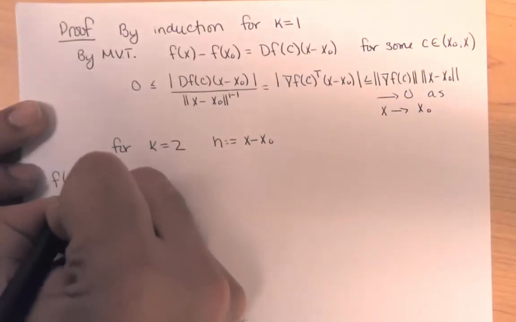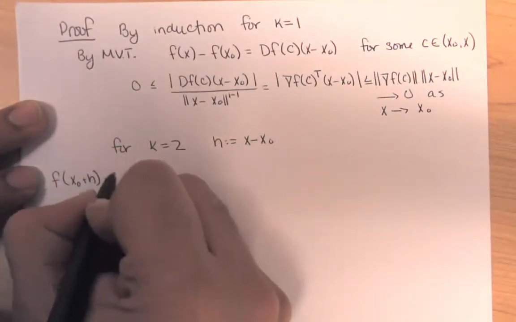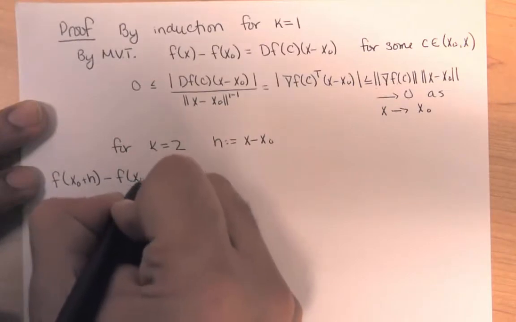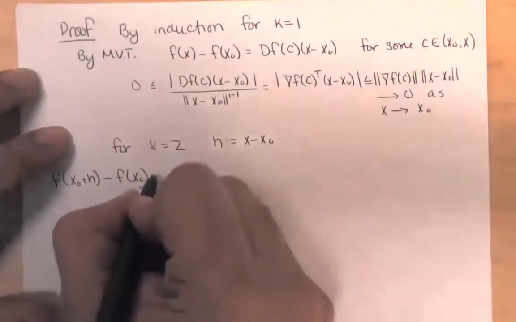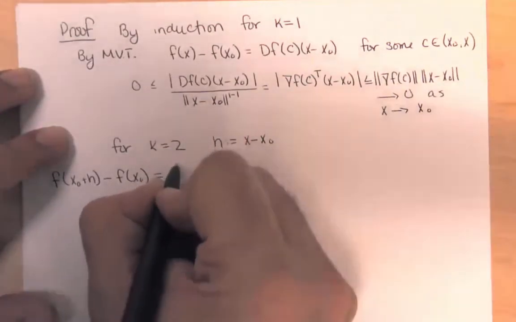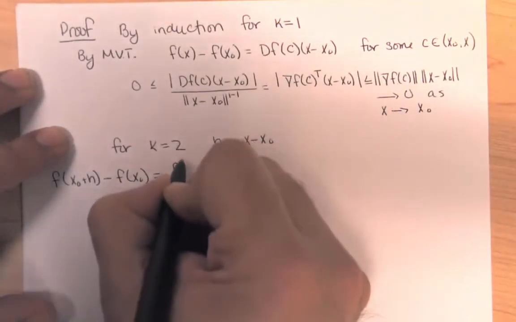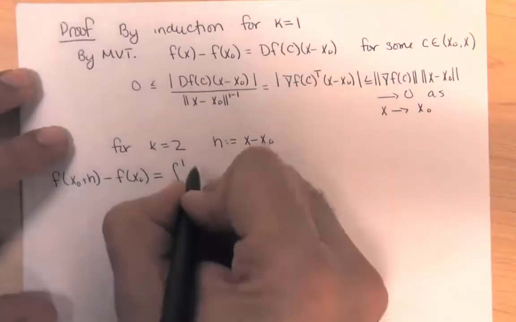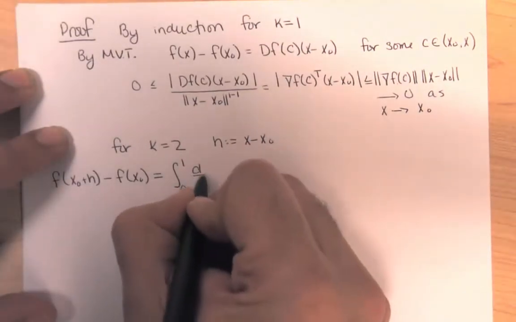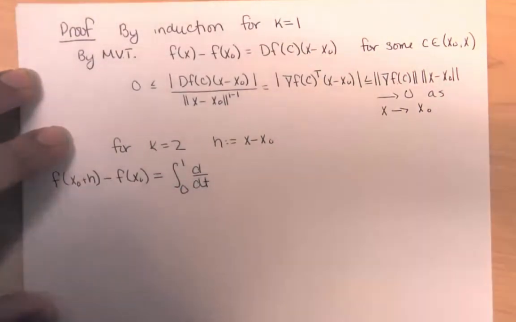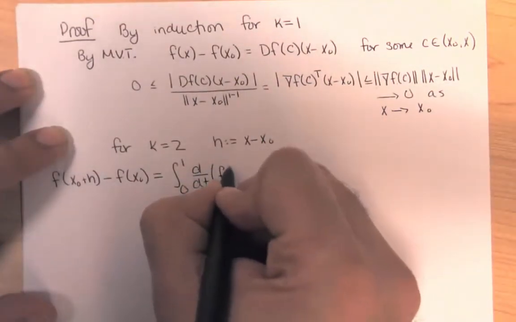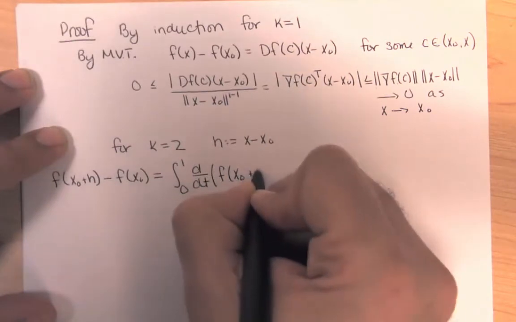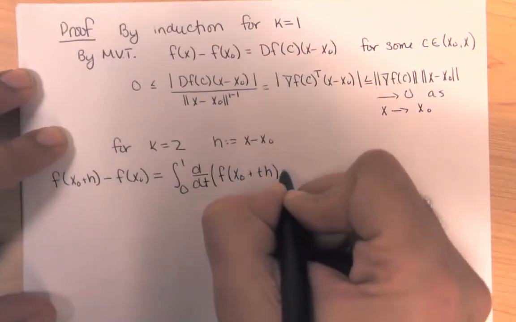Then f of x0 plus h minus f of x0, by the fundamental theorem of calculus, is equal to the integral of the derivative with respect to t of f of x0 plus t h.